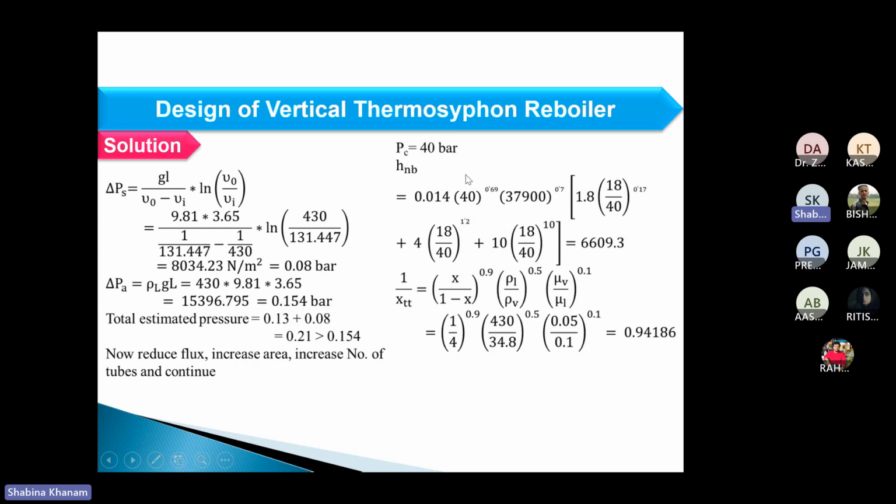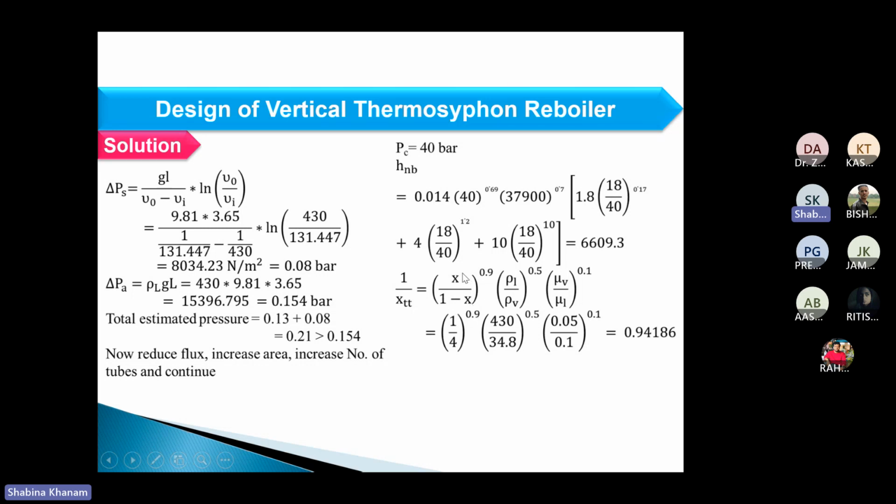Then you need to consider one correction factor, which we call the suppression factor, Fs. For this you need to find 1 by Xtt, the factor counting both the phases, like x divided by 1 minus x.